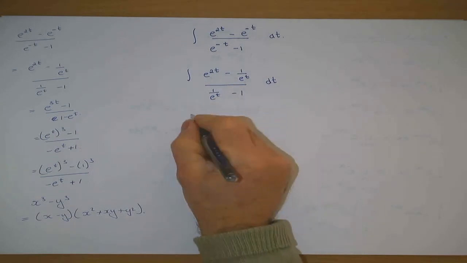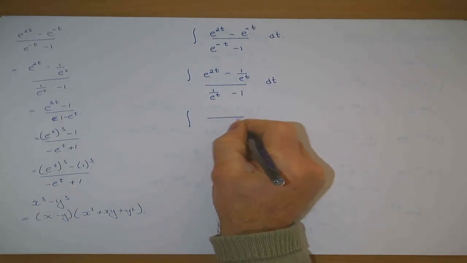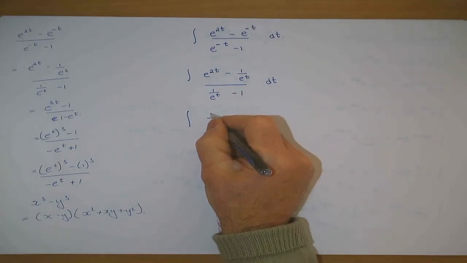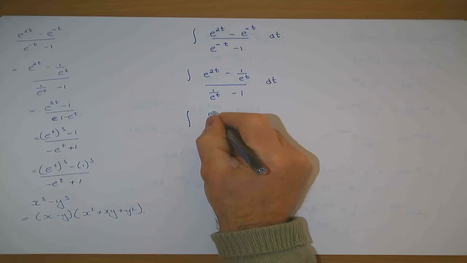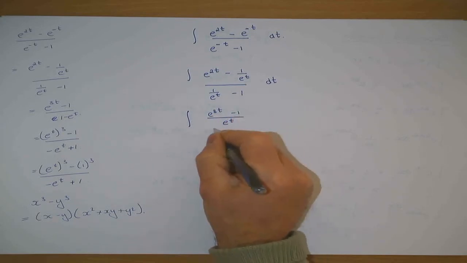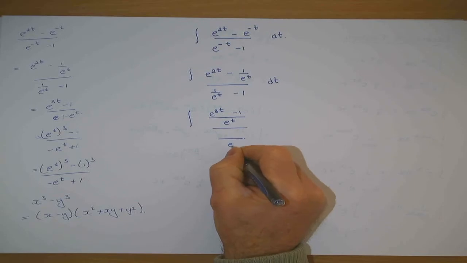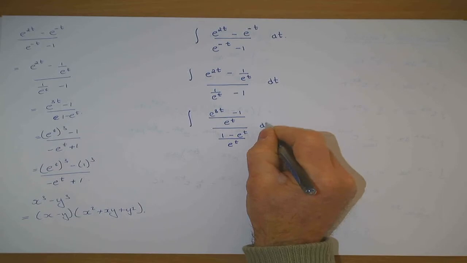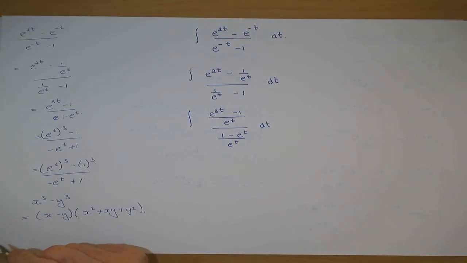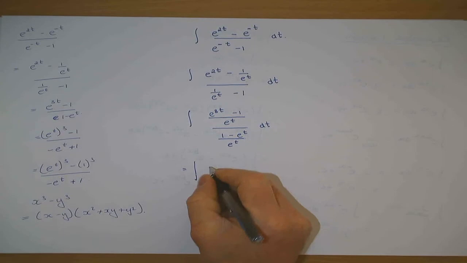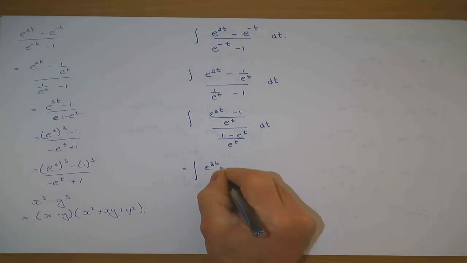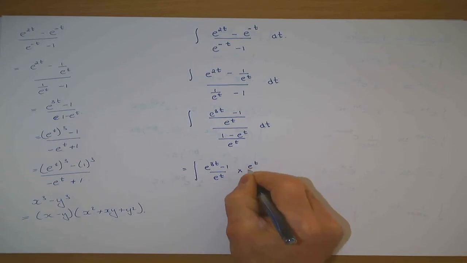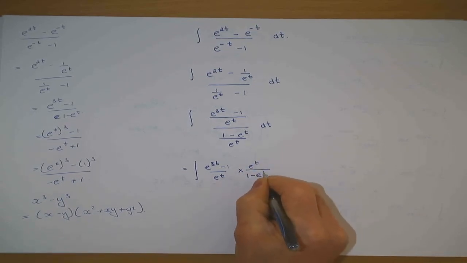And then I would add that, I put it all over e to the t. This over e to the t becomes e to the what? E to the 2t by e to the t, e to the 3t minus 1. All over, putting the bottom over e to the t, that becomes 1 minus e to the t dt. Question? Which is equal to the integral e to the 3t minus 1 over e to the t multiplied by e to the t over 1 minus e to the t.